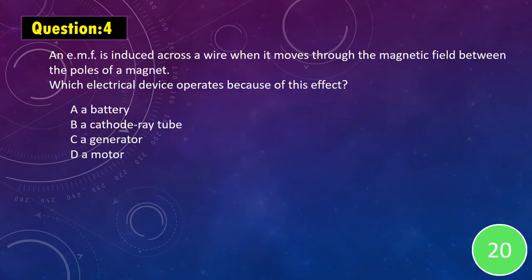Try this fourth question. An EMF is induced across a wire when it moves through the magnetic field between the poles of a magnet. Which electrical device operates because of this effect? Option A, a battery. Option B, a cathode ray tube. Option C, a generator. Option D, a motor.